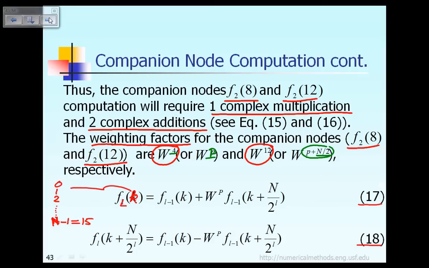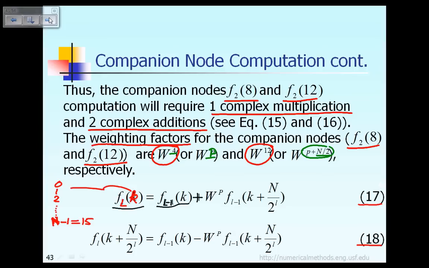And equation 17 says that to compute FLK, you just need the value of the same location k of the previous vector.